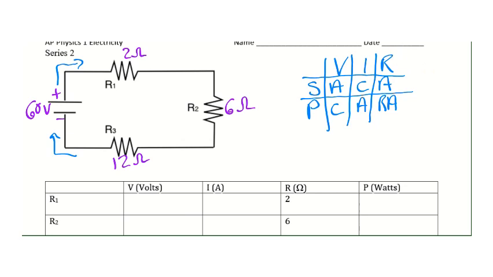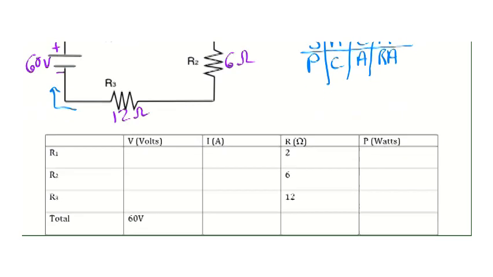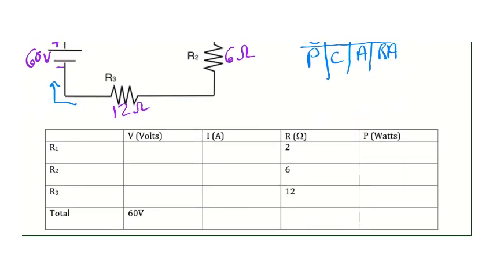So for resistance in series, we can see that it adds. So just like the last problem, my total resistance is going to be the sum of resistor 1 plus resistor 2 plus resistor 3. So 2 plus 6 plus 12 is going to give me 20 ohms total.